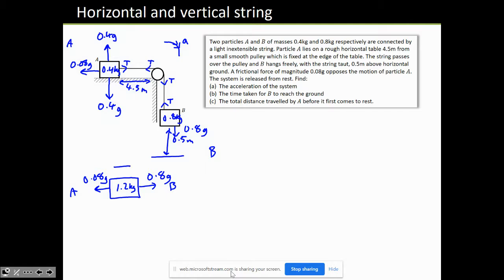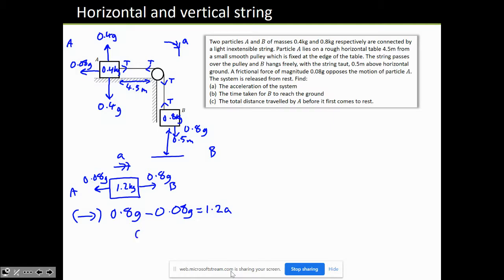And we're clearly accelerating towards B. So if I resolve my forces in the system in this direction, I get 0.8 g, take away 0.08 g, it's going to equal 1.2 a.